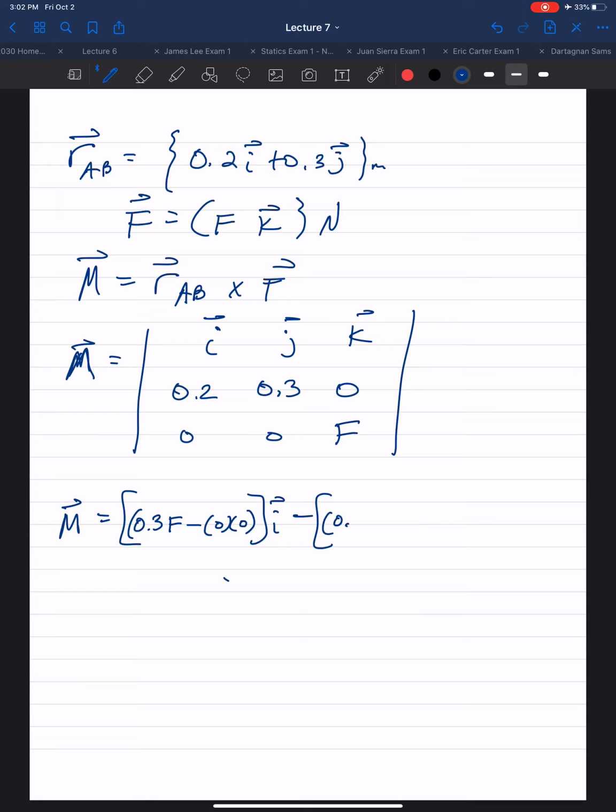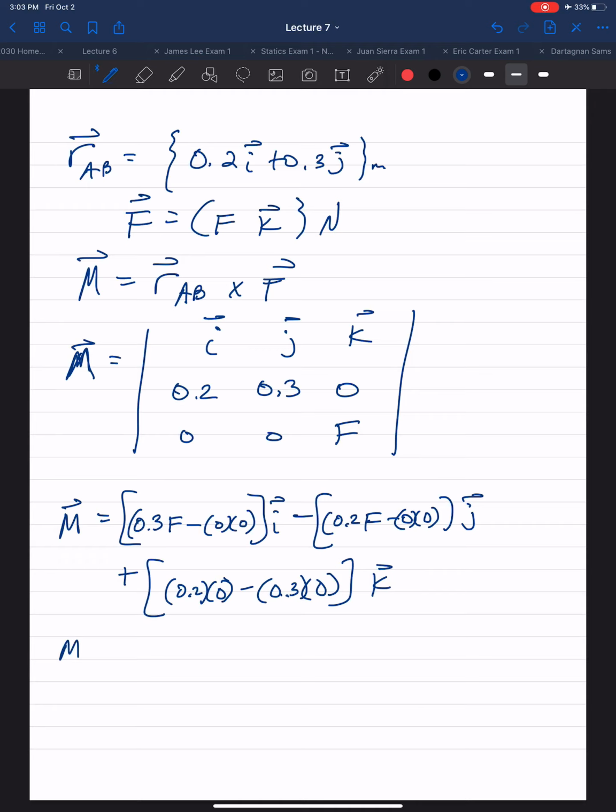So that'll be 0.2 F minus 0 times 0 j. Plus for k, we ignore the third column in the top row: 0.2 times 0 minus 0.3 times 0 k. Solve that out.